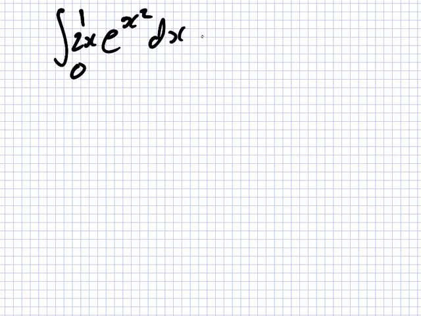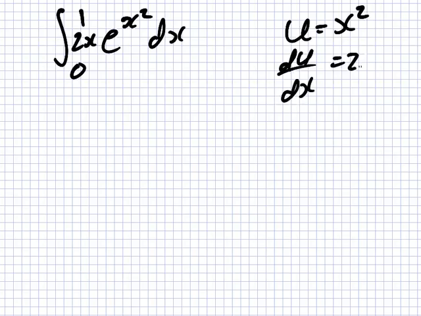But now maybe you want to write this down. This is the way you can do it by changing the limits. The integral from 0 to 1 of 2x e^(x squared) dx, u equals x squared, du/dx equals 2x. So far it looks the same. dx equals du over 2x.